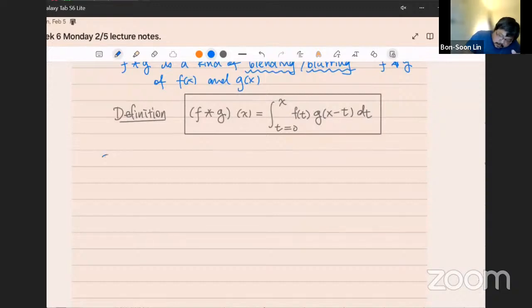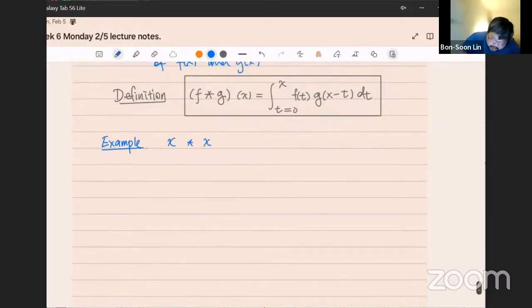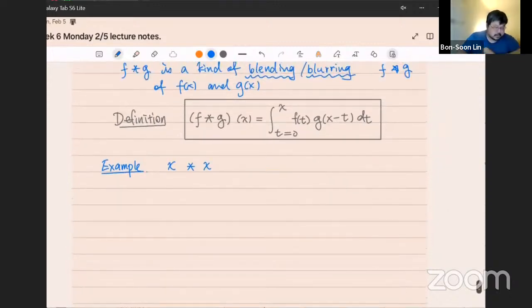But before we see why we care, let's see an example. Let's try to calculate the convolution of x with x. I hope we can see the difference: this is x, this is a star. What is the convolution of x star x? Let's apply our definition. It's going to be a function of x.